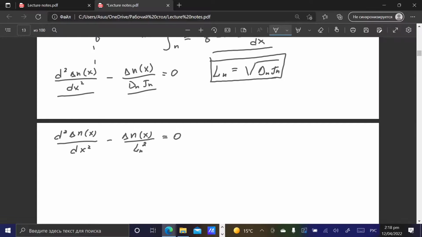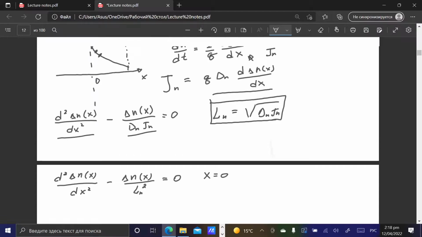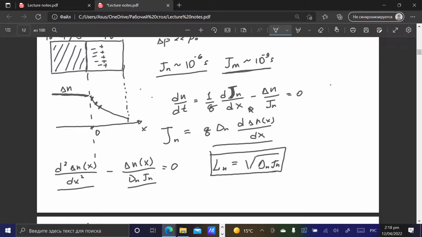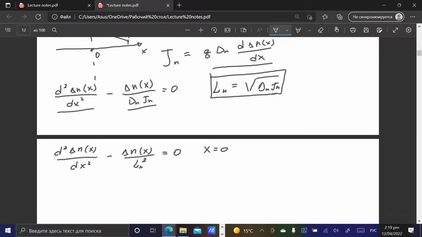So now we need boundary conditions. Which will be our boundary conditions? At position x equal 0, here at the interface between the illuminated and darkened part of the semiconductor, we will have the maximum concentration of minority charge carriers, so delta n at x equals 0 will be delta n at 0.